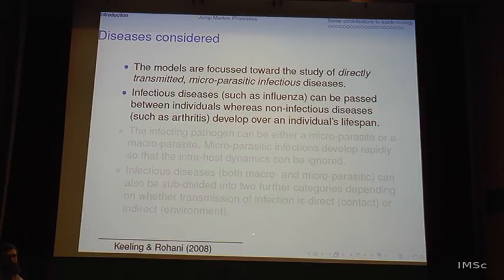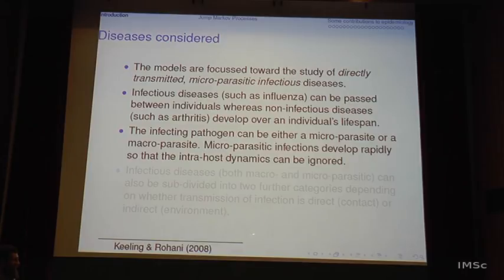That is in contrast to non-transmissible diseases, like for instance many cancers that develop over an individual lifespan. And then when you consider the pathogen, you have either microparasitic or macroparasitic. The advantage of microparasites is that they develop quite quickly within the body, so you can neglect the within-host dynamic.